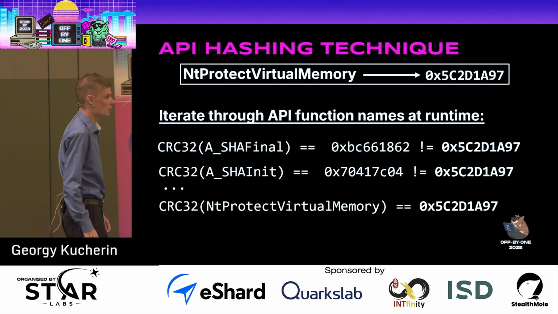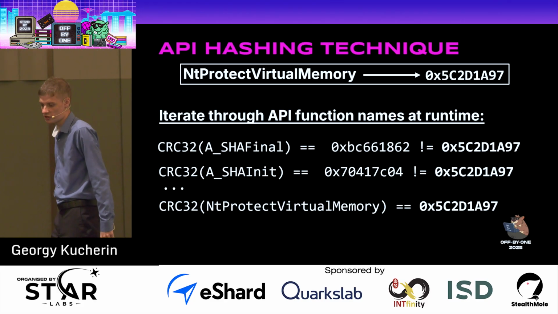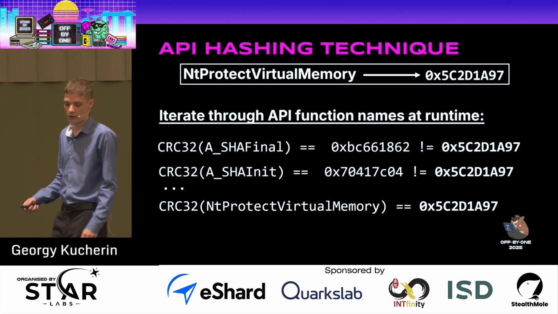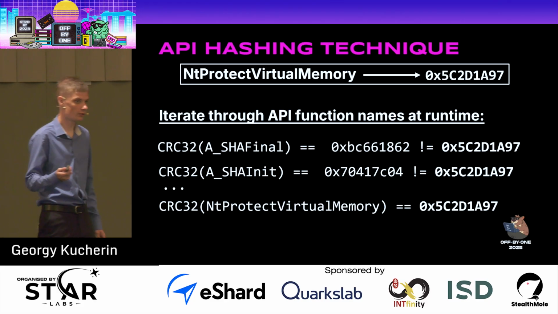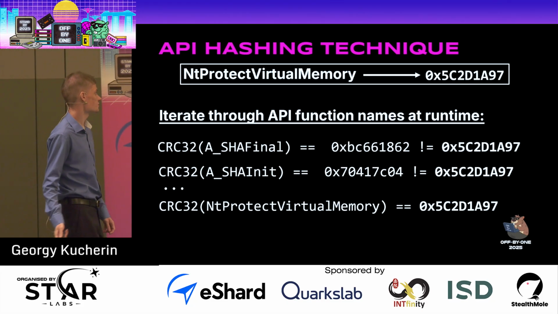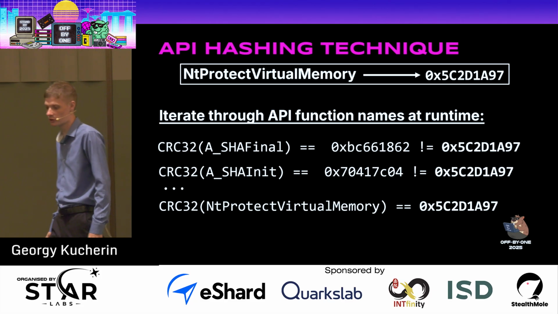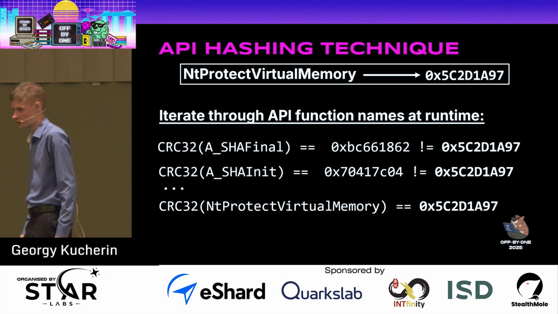This needs to be done until you see that the value of the hash matches the one that was previously calculated, I mean 0x5c, 2d, and so on. And once you find the correct hash, it means you found the address of the function.